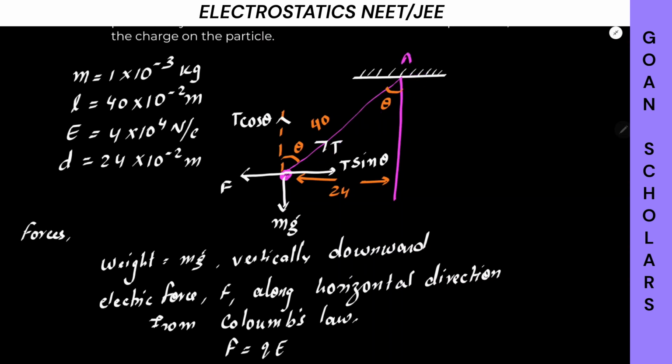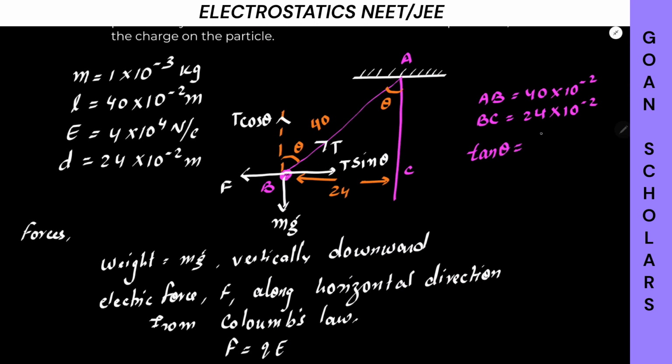Look at this triangle. Which triangle? Let me name it as A, B, C. This is a perfect triangle, where AB is 40 centimeter, 40 into 10 to the power minus 2. And BC I am taking here as 24 into 10 raised to minus 2, correct? So what will be tan theta?